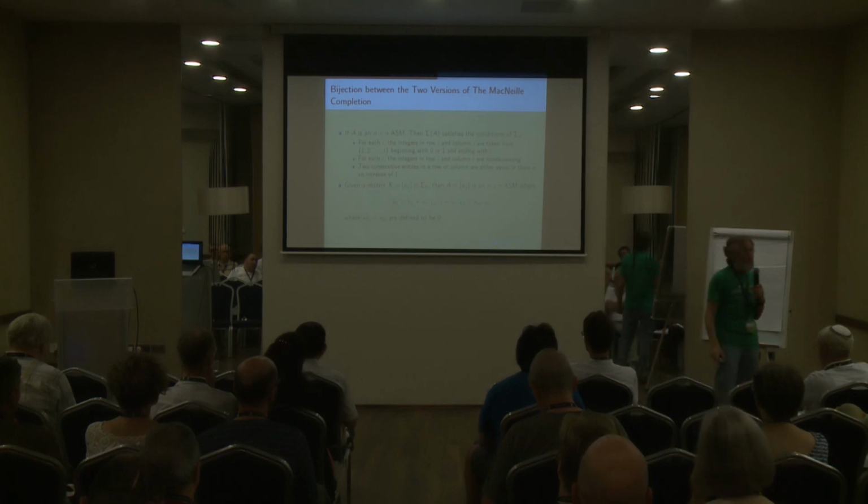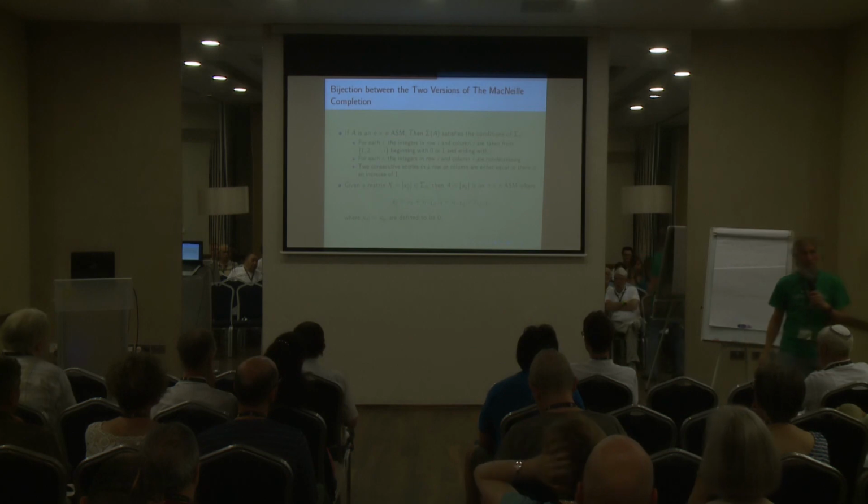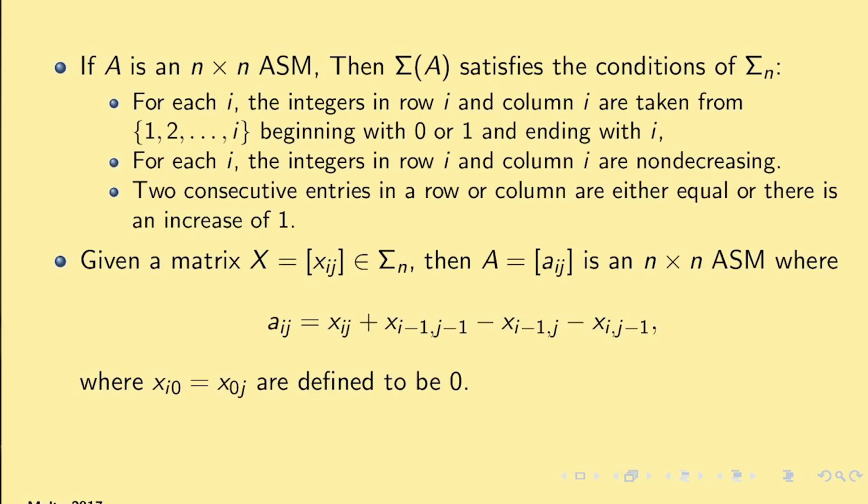So that's the way to go from sigma, and I've described for you in terms of Lascoux-Schützenberger's theorem what the sigma matrices look like for the MacNeille completion. And if you're given a sigma matrix of the type that we've talked about, that's how you construct the corresponding alternating sign matrix.